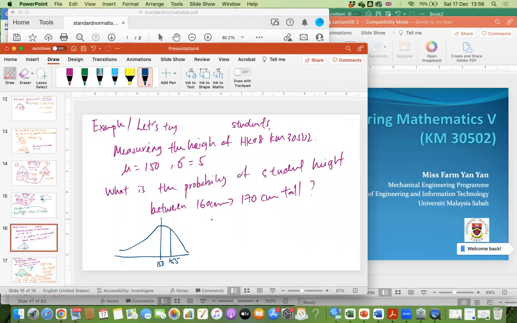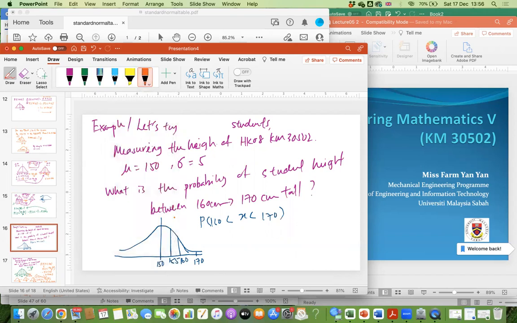I want the probability of x between 160 and 170.